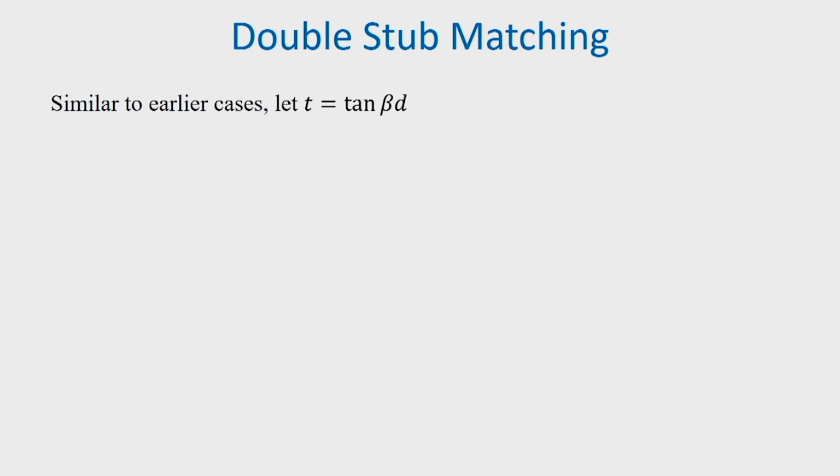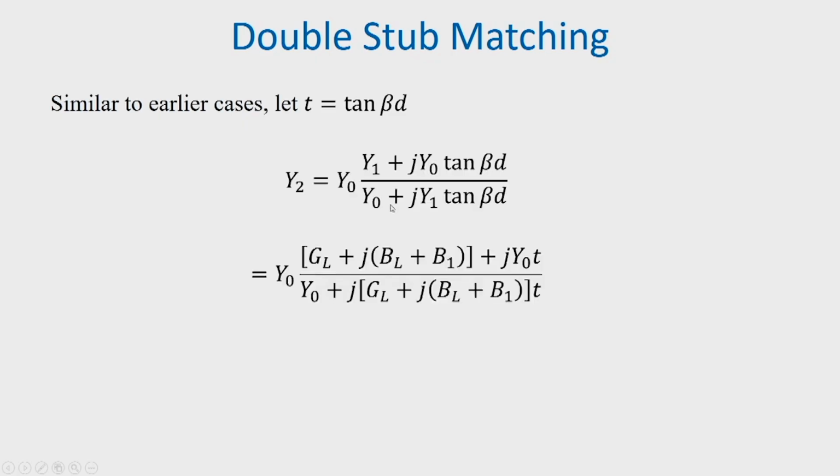Similar to our earlier cases, let us put t equal to tan beta D. Substituting tan beta D by t here and substituting Y1, we can write Y2 in this form.